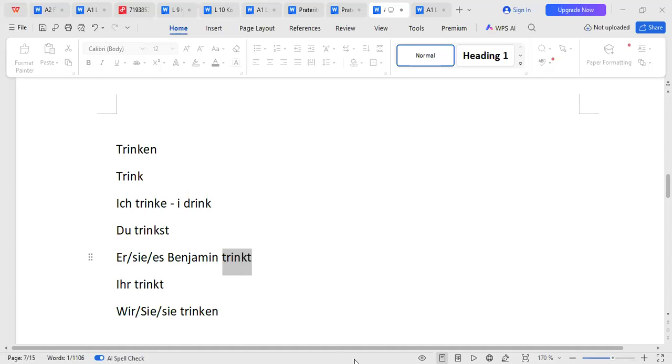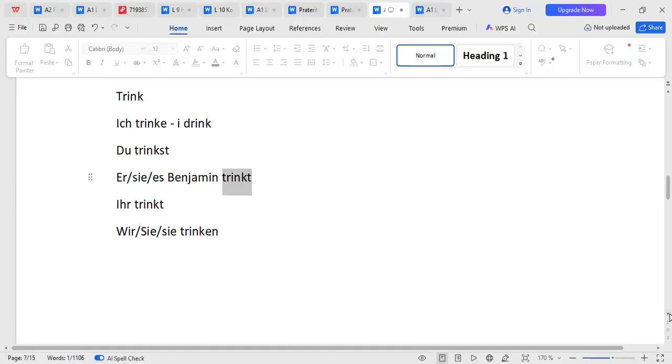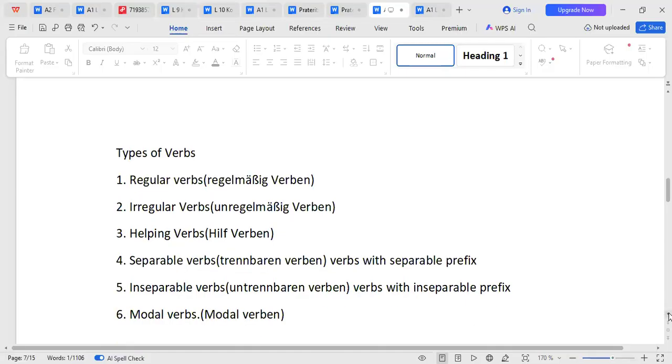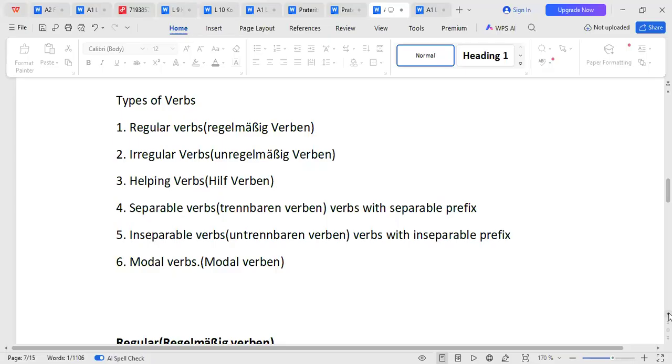German is also very, very wide. We have types of verbs that I just touch briefly because there are some issues. We have regular verbs, regelmäßige Verben. We have irregular verbs, unregelmäßige Verben, Hilfsverben, the helping verbs, separable verbs, inseparable verbs, modal verbs, which quite a number will be taken through on the very first day.